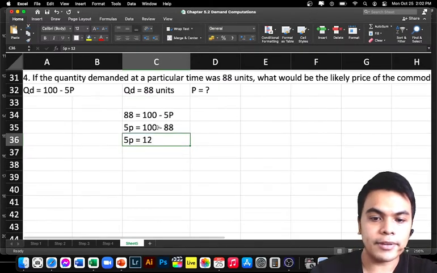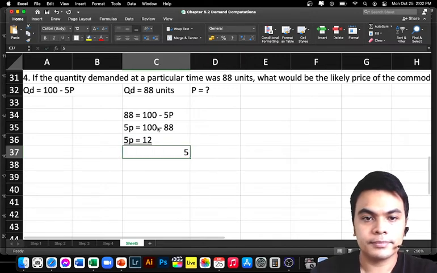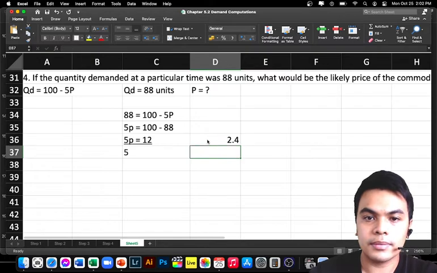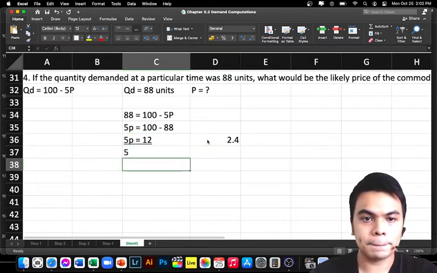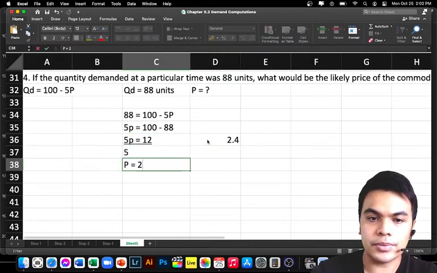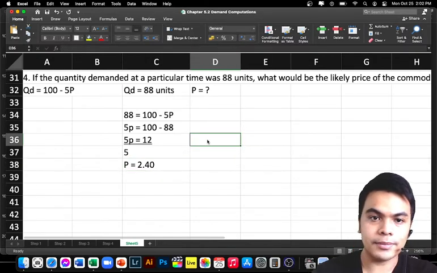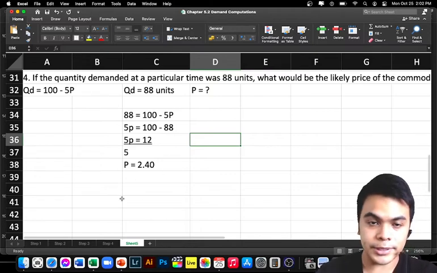Let's divide by 5. So that is 2.4. Price now is 2.40 pesos. If the quantity demanded is 88, price is only 2.40 pesos.